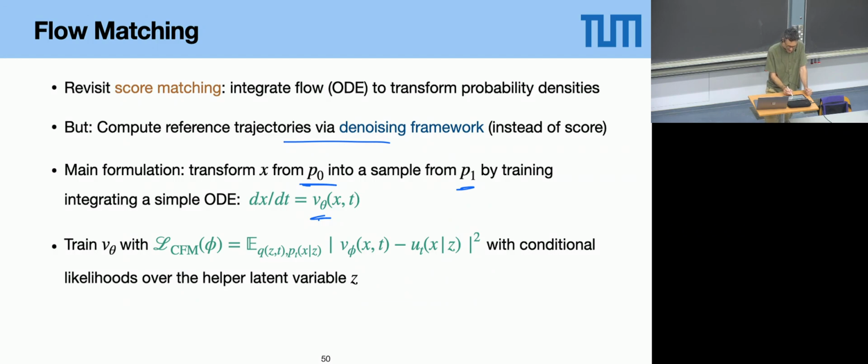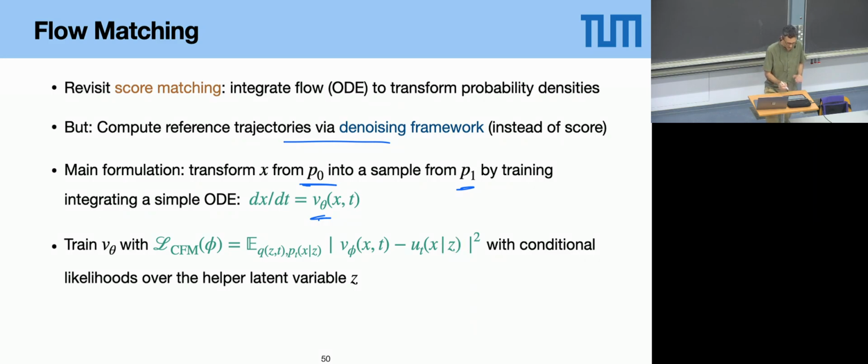And the inputs are in a way the same, similar to before. Keep in mind, we had going from noise to our sample. We now compute this velocity based on some current x, potentially a noisy sample, for a given time t. And this should match some target direction as prescribed by the data, conditioned on a latent variable, for example, conditioned on some endpoint that we have from our data set.